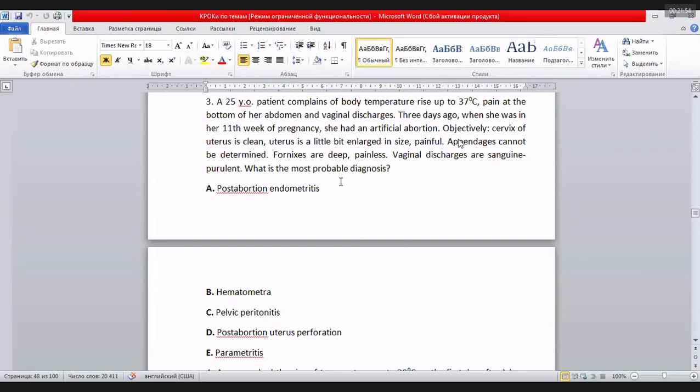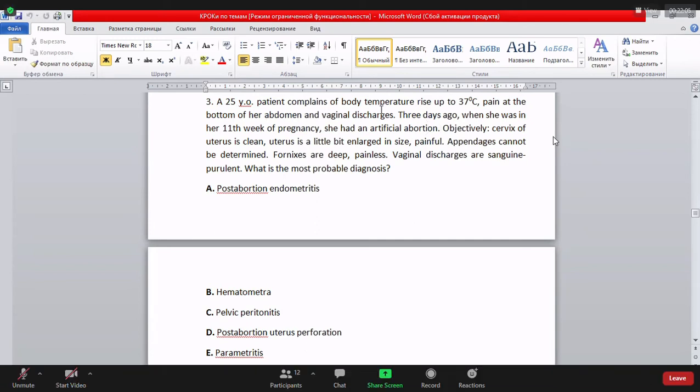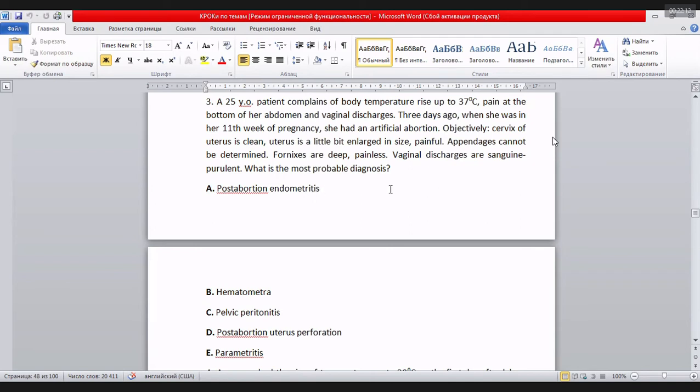Here it is very easy to determine that it is post-abortion endometritis. In the history of the patient, she has what? Abortion. And after 3 days, temperature appears and pain in the lower abdomen and vaginal discharges. What are the signs of endometritis? I told you guys, somebody asked me, it is purulent discharges.